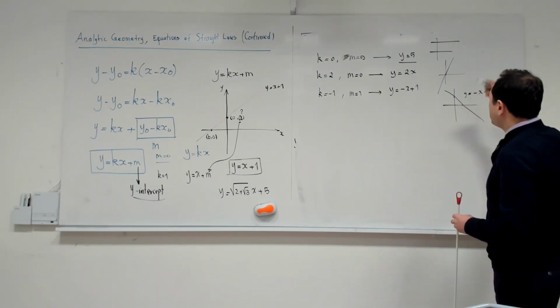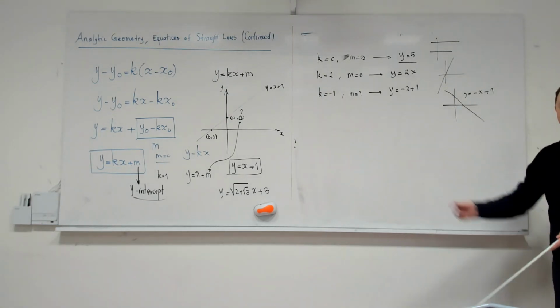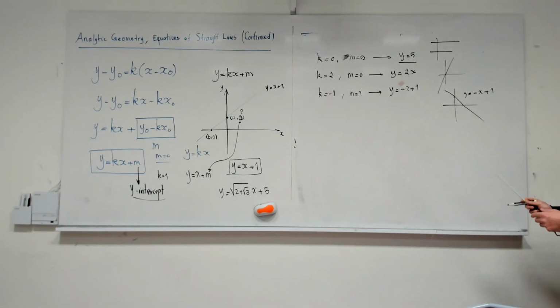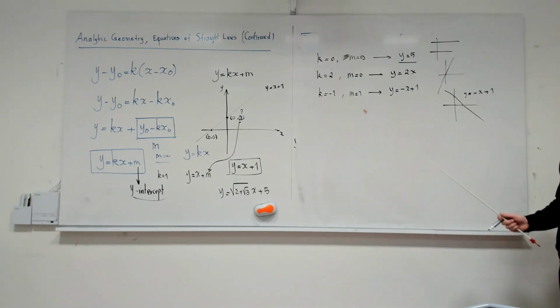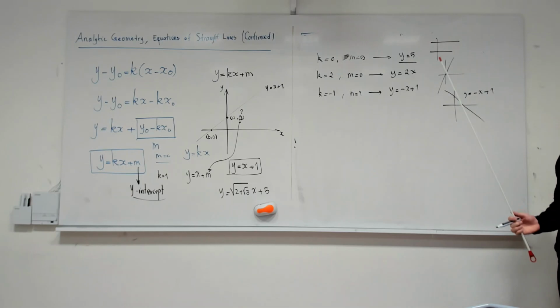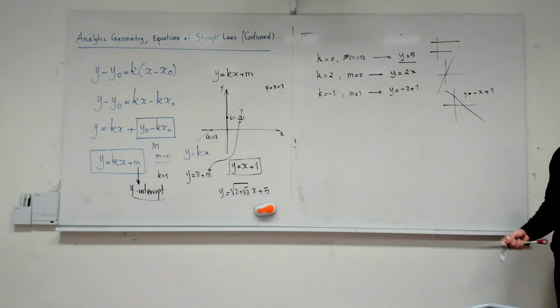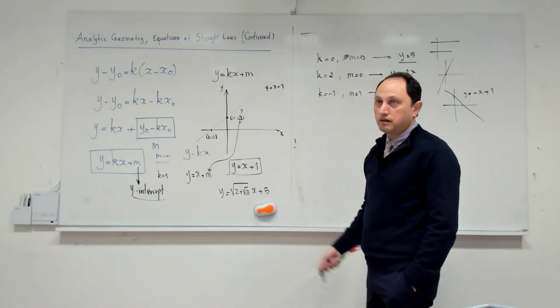So it seems that by choosing different values for k and m, I am generating different lines. It is true, but no matter how I change them, I will not be able to generate one particular type of line. That is the weakness of this k form formula.